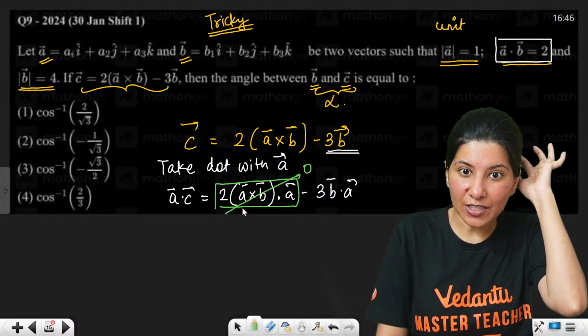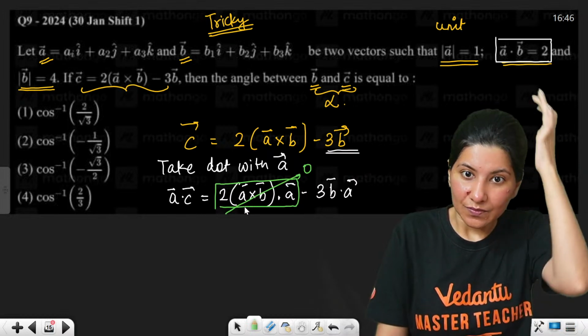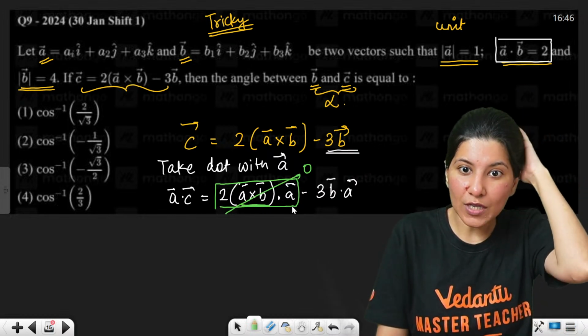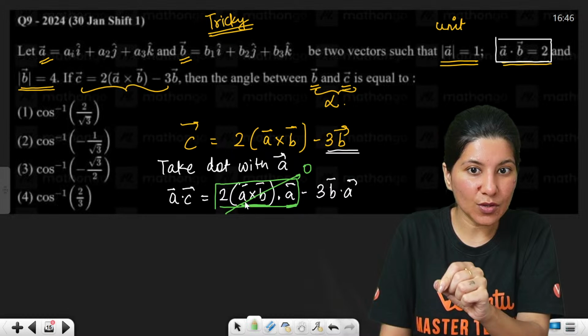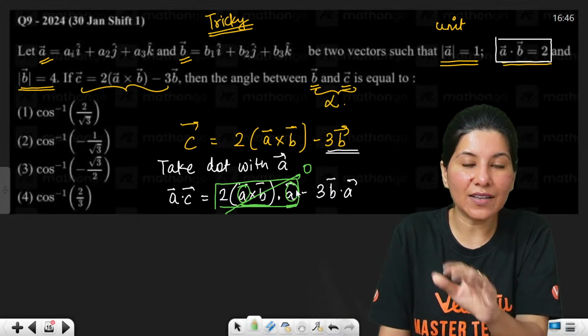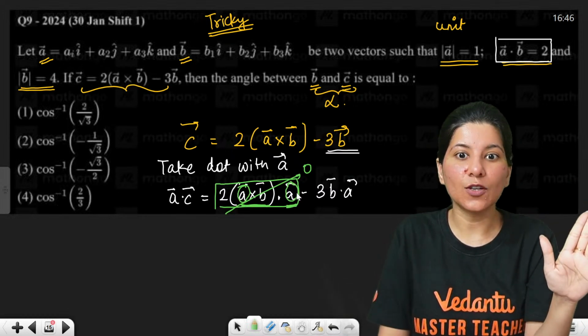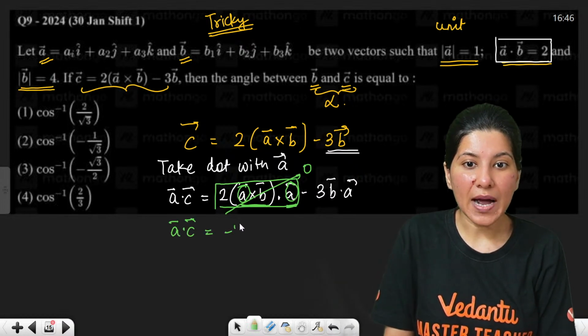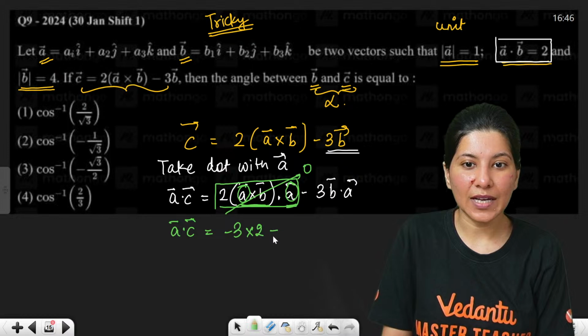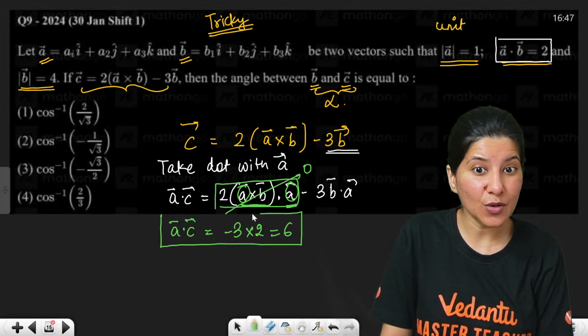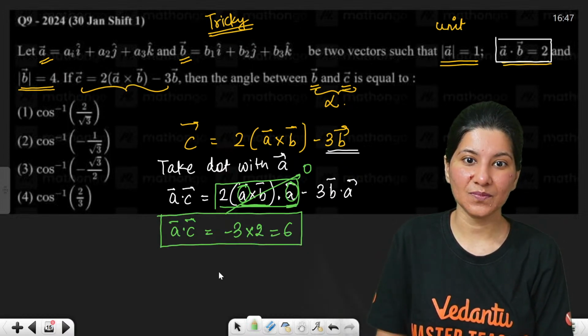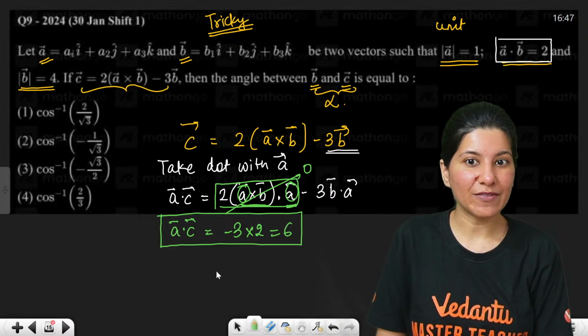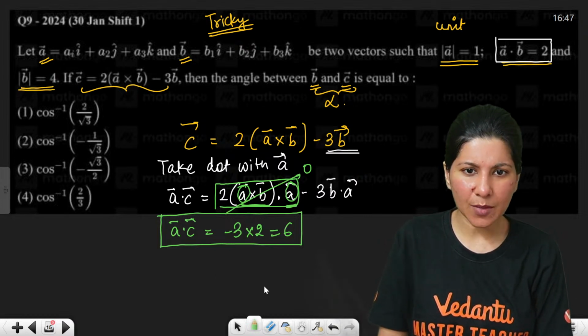Whenever you see one cross getting dot with this, if you see that two vectors are parallel, gone, 0. So A dot C will be minus 3, B dot A is 2, so that is going to become 6. So from here you have got A dot C. Okay, let's keep it aside.